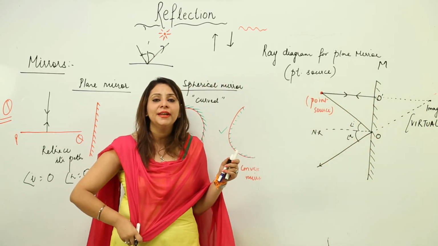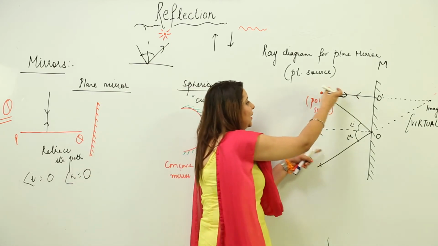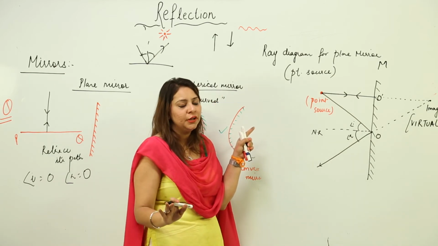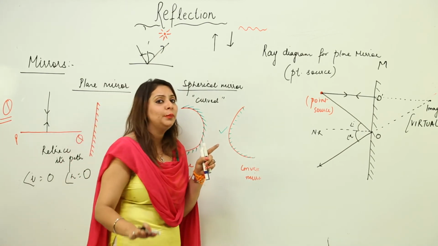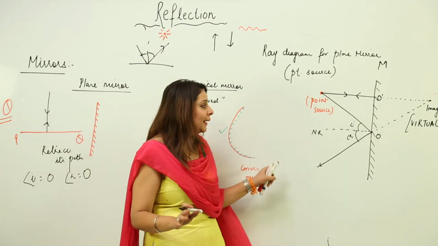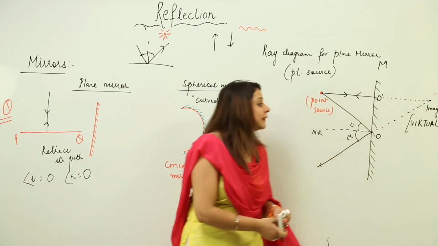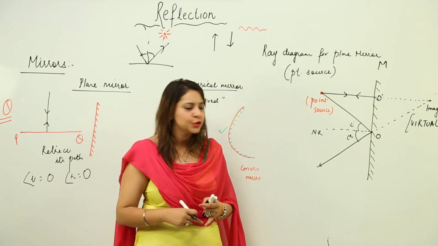Real ones are those when the reflected rays are actually meeting. They don't actually meet in the case of a plane mirror. We will observe that in the case of spherical mirrors. But when you extend them behind the mirror, we see in a hypothetical way that they are meeting at a certain point. So that image is called a virtual image.